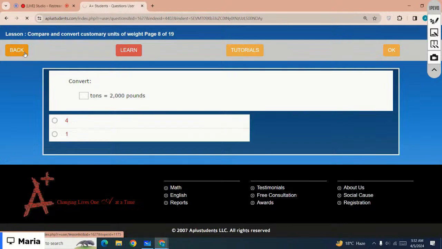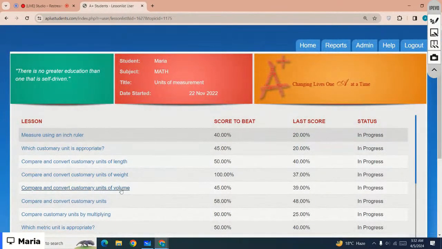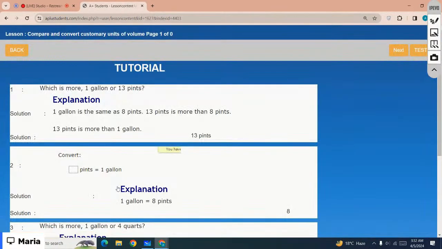That is, compare and convert customary units of volume. Okay, so which is more, 1 gallon or 13 pints?